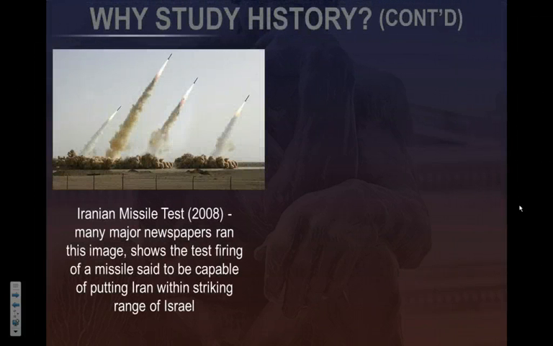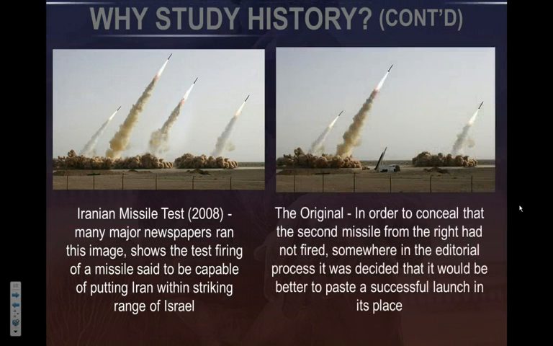But this is 2008. In 2008, Iran was doing missile tests. And many of the major newspapers ran photographs of Iran doing these missile tests. But they didn't think the photo was good enough. This was the original photo. They thought it wasn't significant enough. This is the photo that went out in the newspapers because they added a missile.